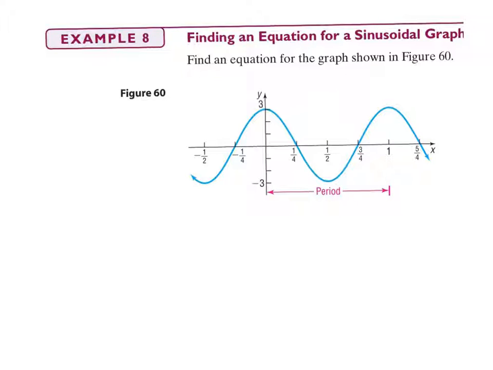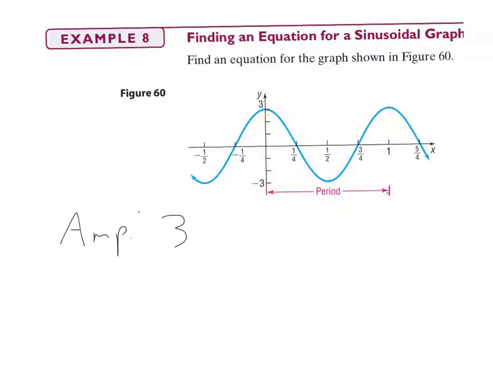So here's another example. It says find the equation for the graph in figure 60. We can start by figuring out the amplitude. The amplitude goes from 3 to negative 3. So, you know the amplitude would just be 3.